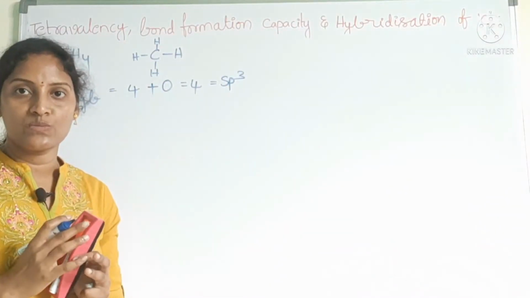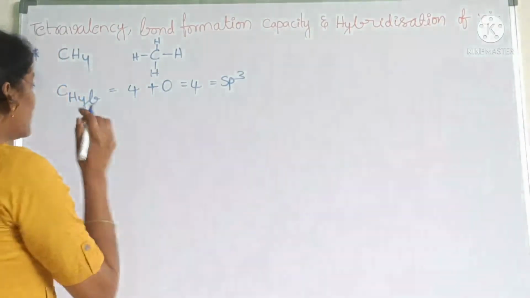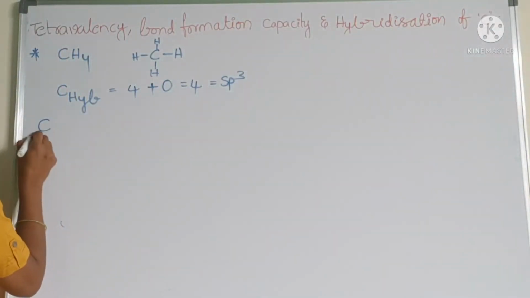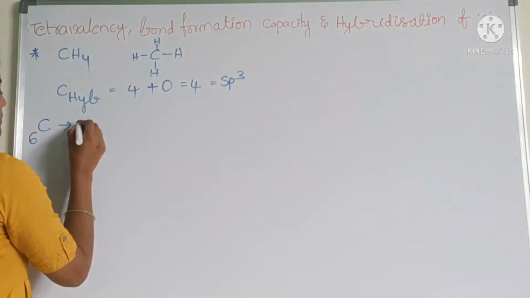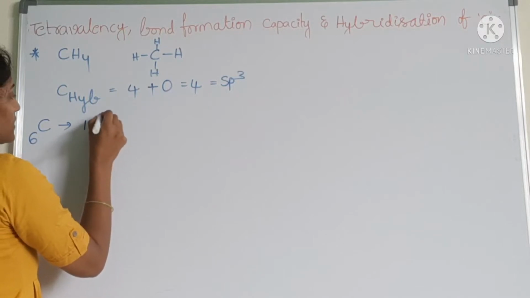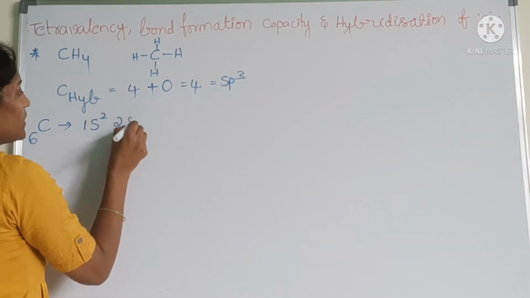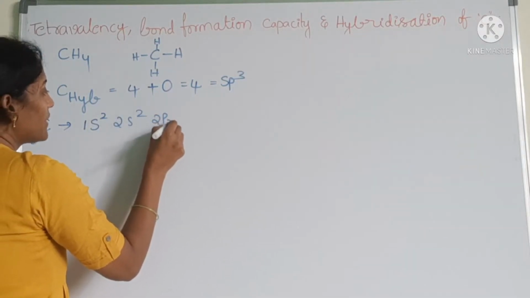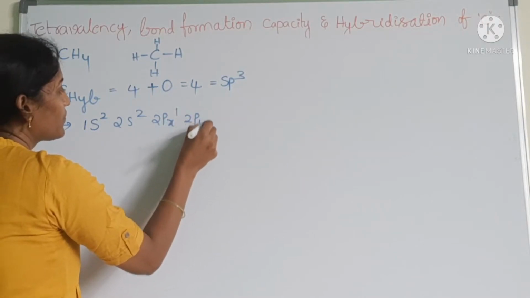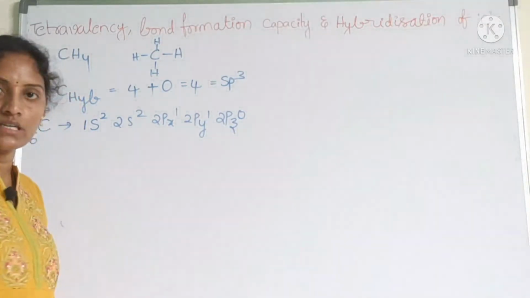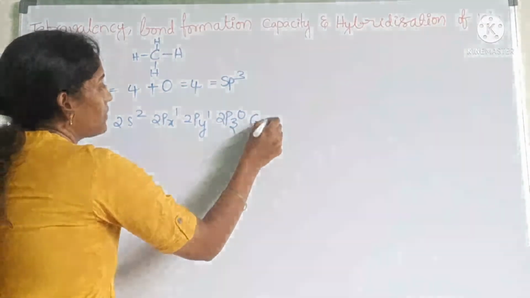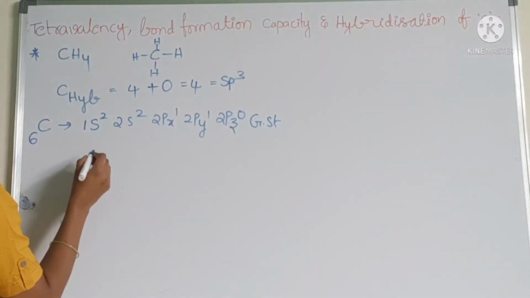To observe this sp3 hybridization, you can take the electronic configuration of carbon. The ground state electronic configuration is 1s2, 2s2, 2px1, 2py1, 2pz0. This is the ground state. You can take the excited state.